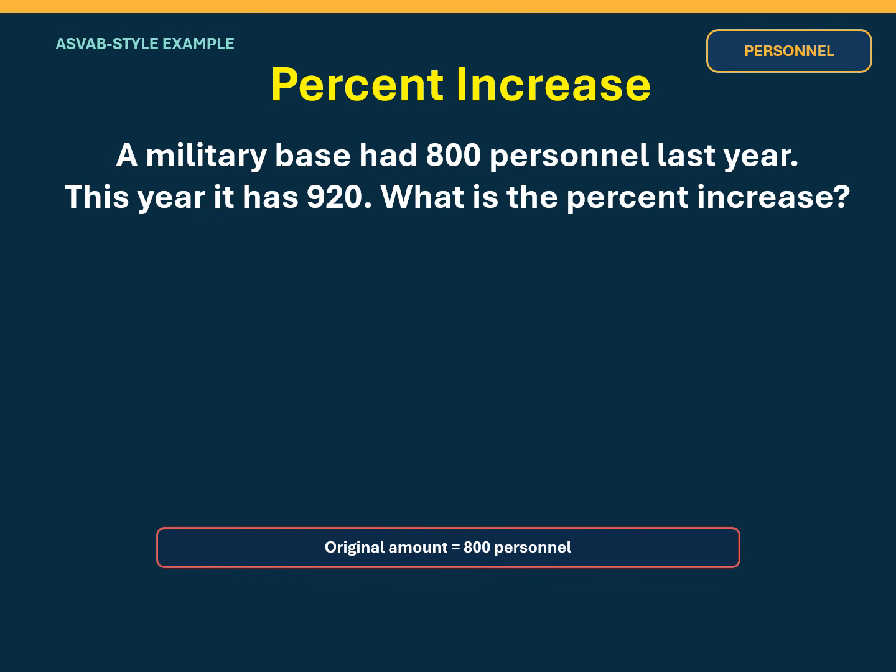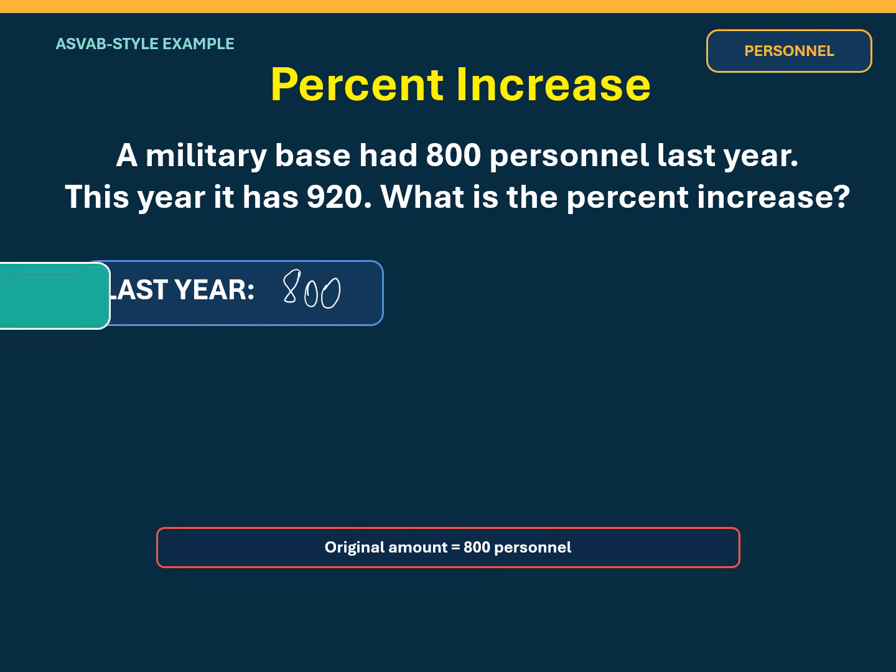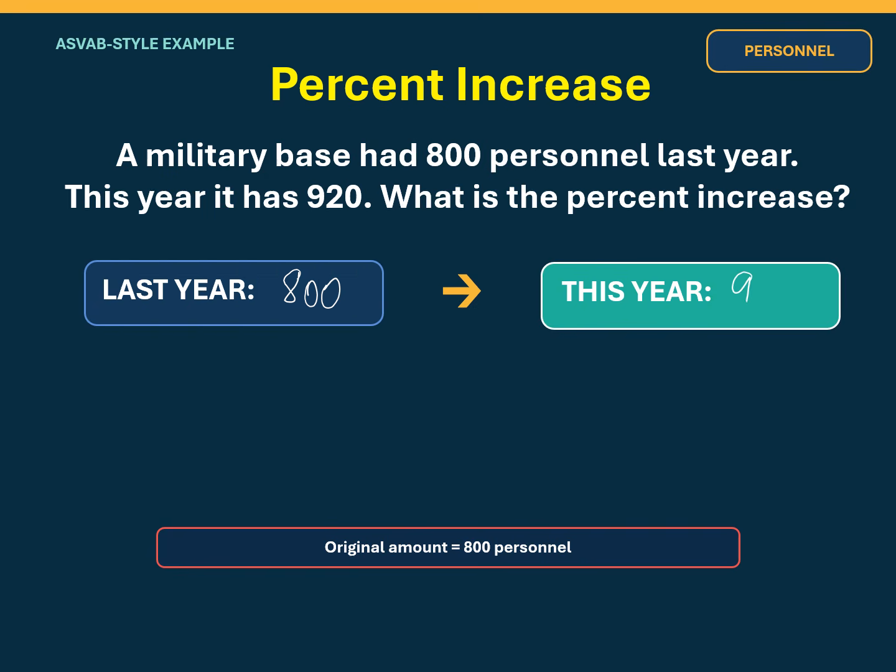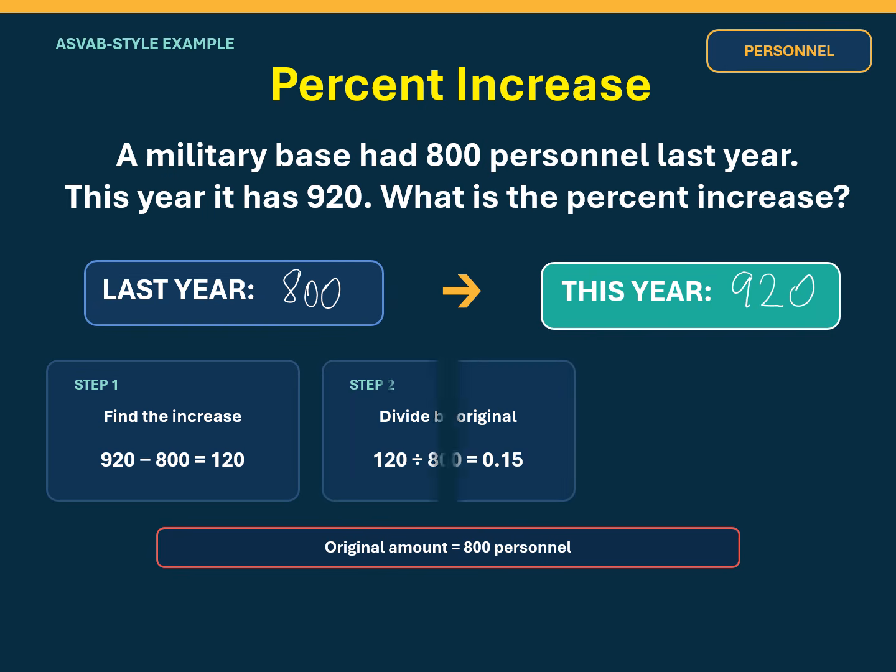Military base had 800 personnel last year. This year 920. Percent increase. So last year 800. This year 920. We take 920 minus 800. It is 120.